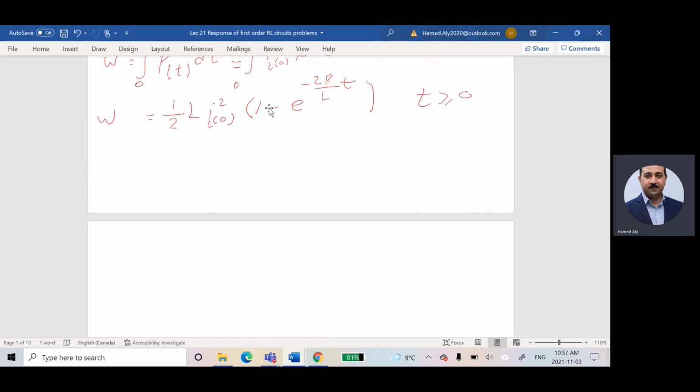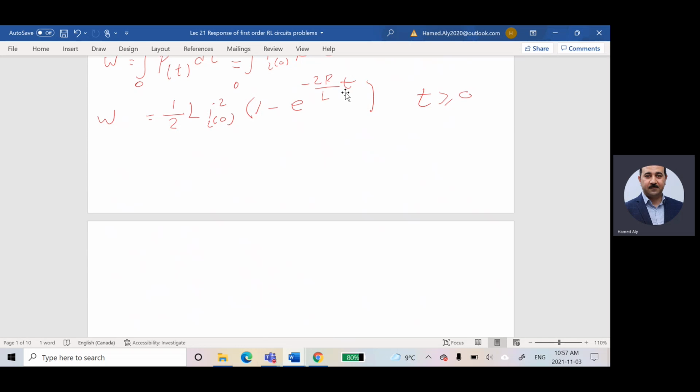The initial energy is stored at t equal to infinity, and the final energy at t equal to 0.